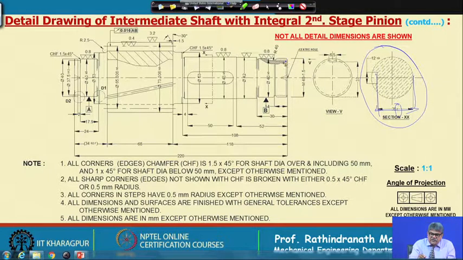Similarly, this locking groove is also cut in this way. Of course, for the locking groove you need not give the tolerances; on the projected portion, that dimension is given, you can make it slightly more than that. For that also some special cutter is available, or use a side and face cutter here.